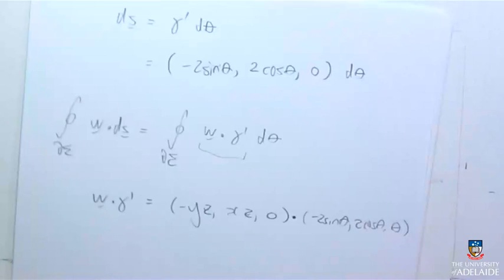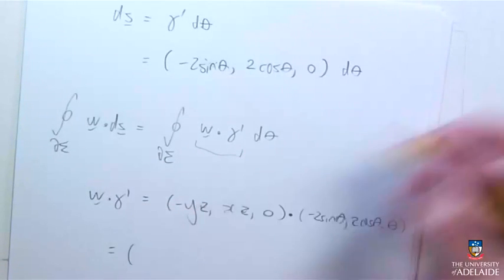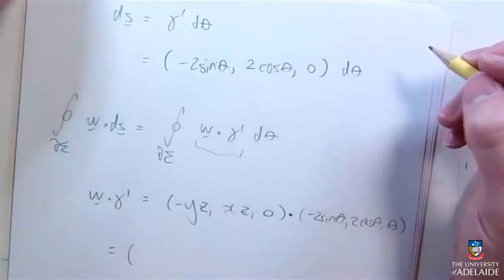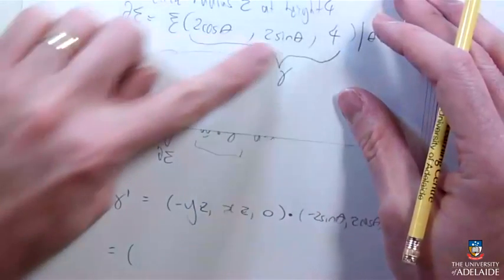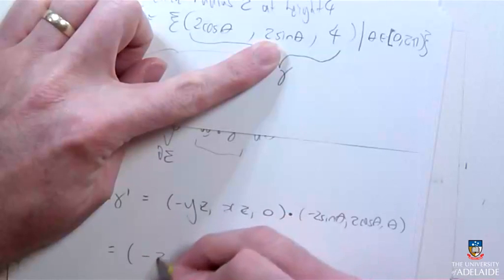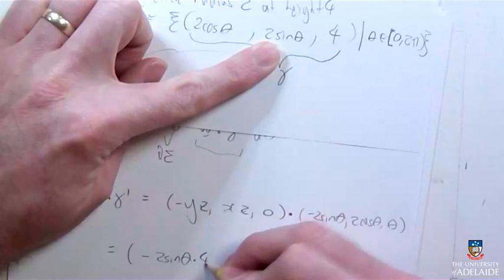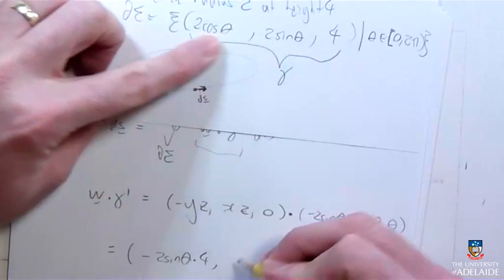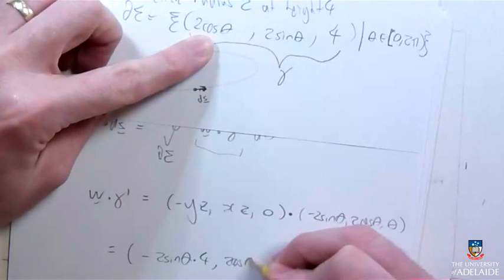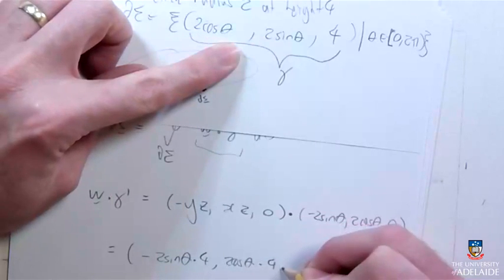That's what he means by the function composed with gamma. So let's see. The y is 2 sine theta, and the z is 4, and the x is 2 cos theta, and the z is 4.